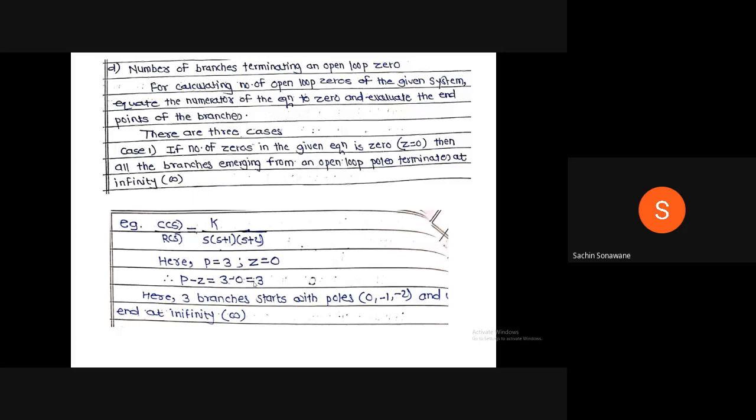Therefore, C(s) upon R(s) is equal to K divided by s into bracket (s plus 1) into (s plus 2). Here, the number of poles P is equal to 3 because the number of s terms in the denominator is 3. Z is equal to 0. Therefore, P minus Z is equal to 3 minus 0, which is equal to 3. Here, 3 branches start at poles 0, minus 1, minus 2 and end at infinity.